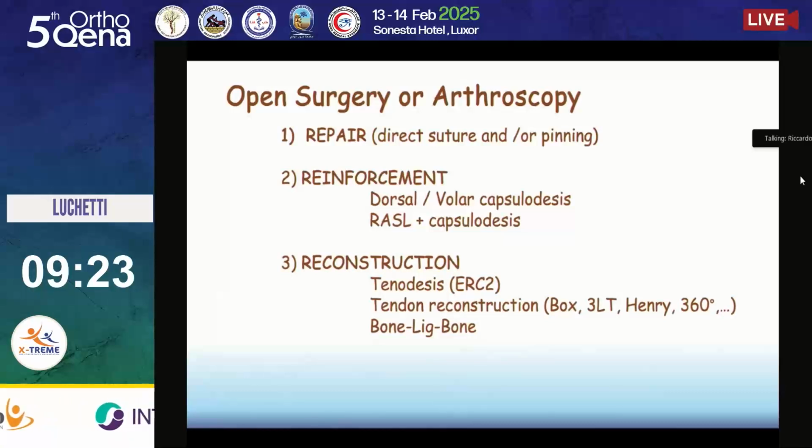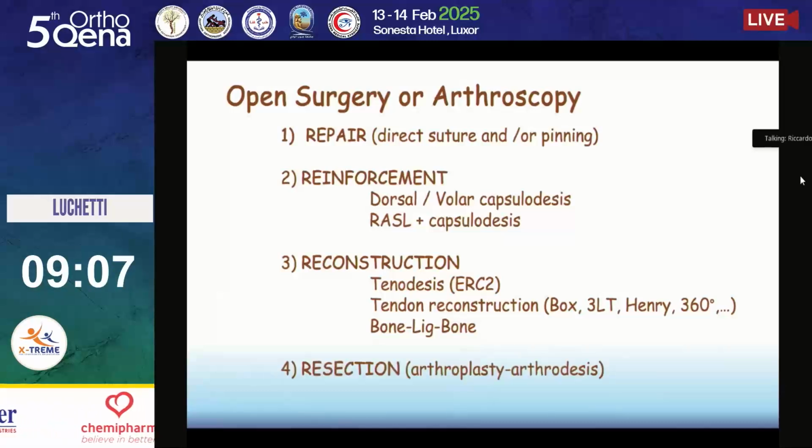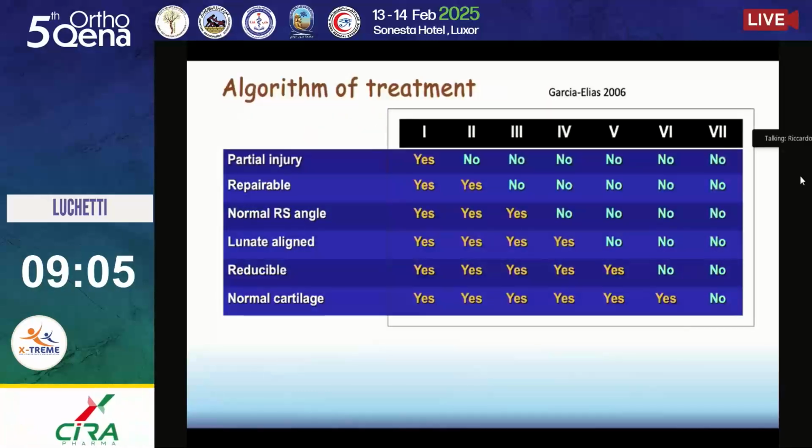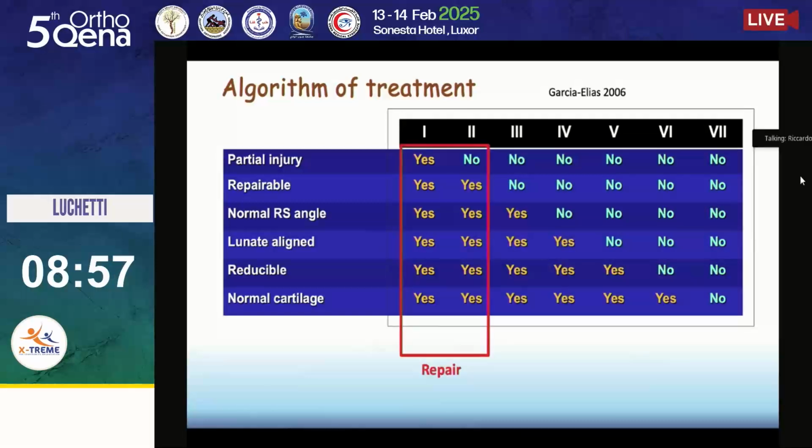Reconstruction includes tenodesis, using the extensor carpi radialis, or reconstruction with the Box 3LT proposed by Garcia Elias, by Herrick, 360 degree, etc., and bone-ligament-bone. Resection, arthroplasty, and arthrodesis. All of them are included in the classification of Garcia Elias. The classification of Garcia Elias is fundamental.